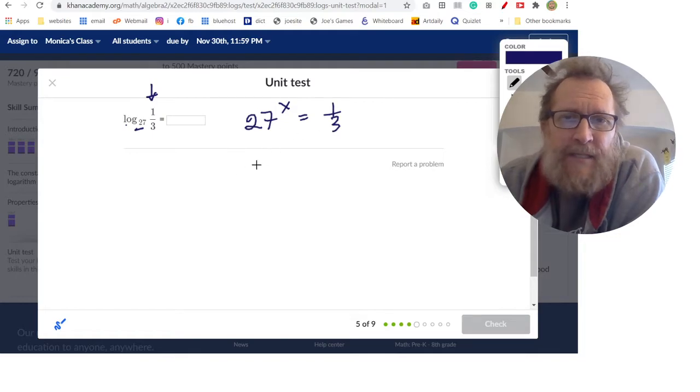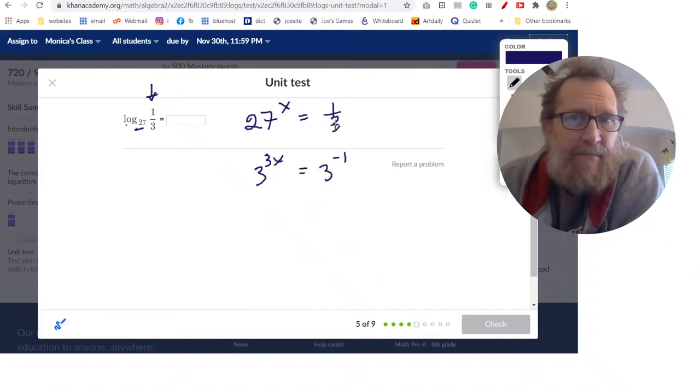To solve this, I think the easiest way is to write this as 3 to the 3x, right? This is 3 to the third raised to the x power. The product rule tells you that you can then just do 3 to the 3 times x, if you're raising a power to a power. So 3 to the 3x, and this is 3 to the -1, right?